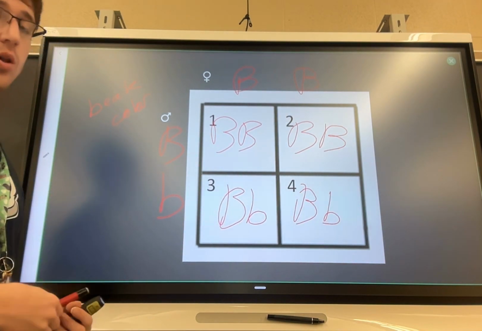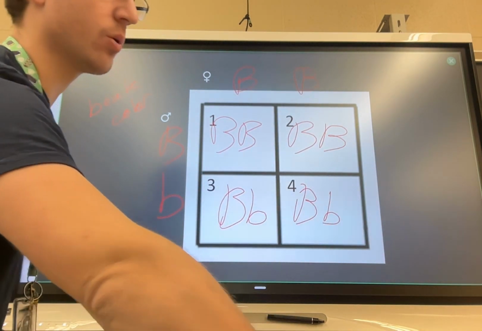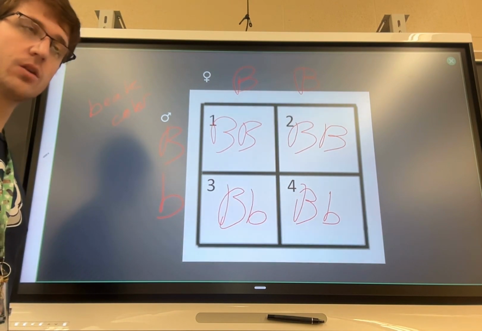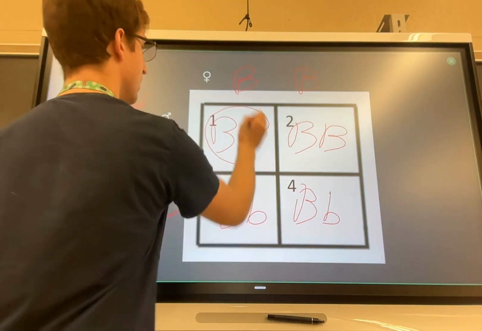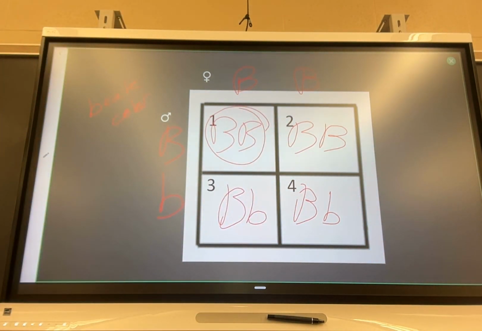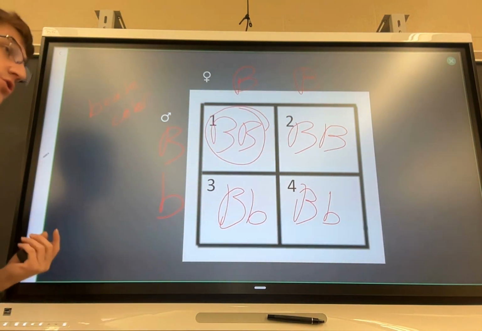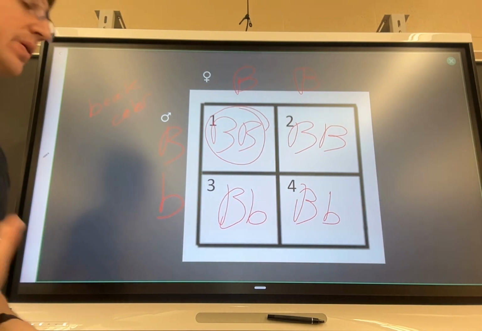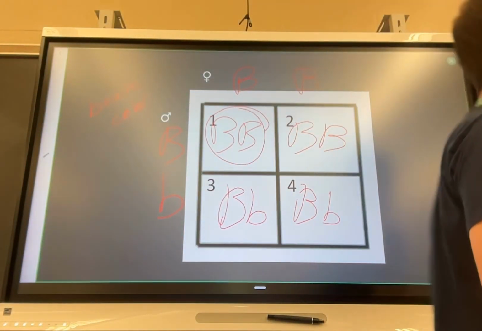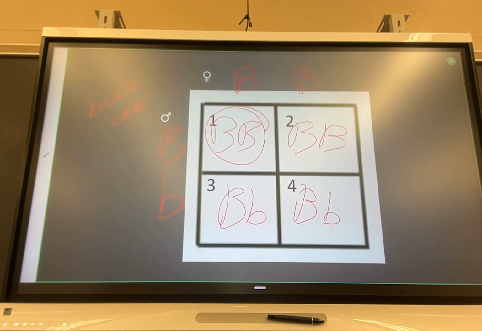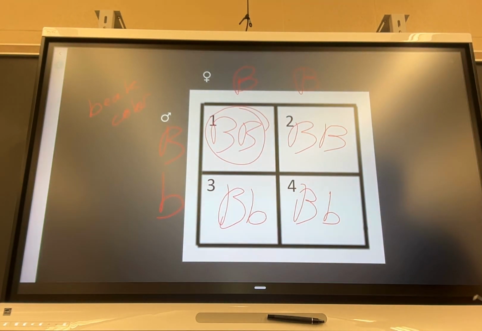If we roll, I'm going to use dice because that's what we're using in class, we get box 1, which means that our duckling, our offspring, will have big B, which would translate into an orange beak. So each trait has a different dominance associated with it, whether it's sex-linked, whether it's incomplete, complete, or codominant. So you'll want to figure that out.